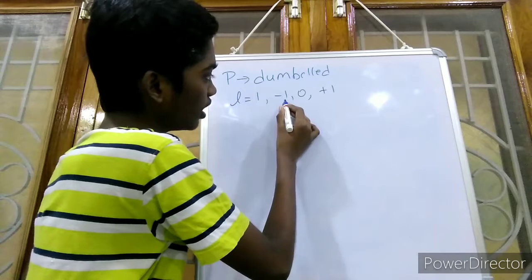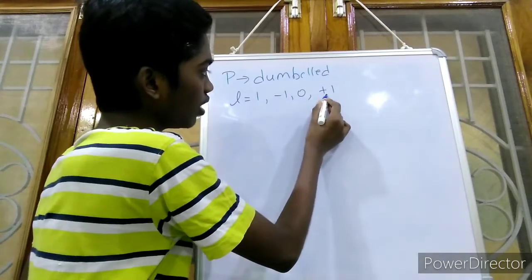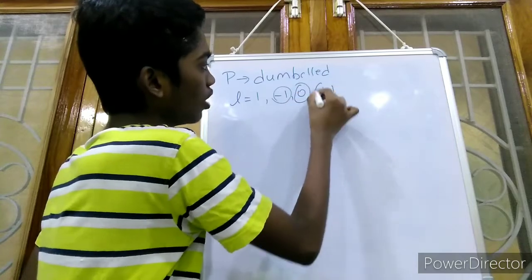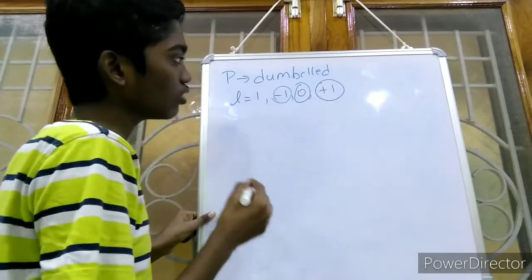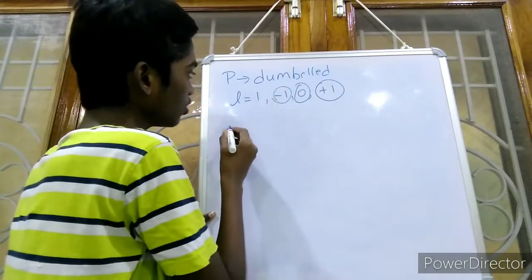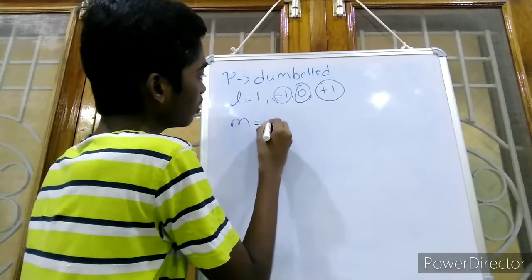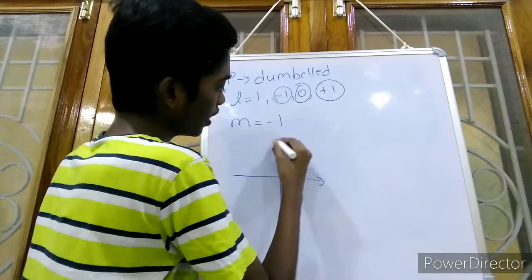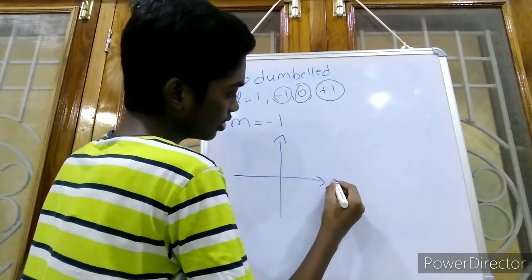Friends, here we got the 3 numbers -1, 0 and +1. Now we have to take the M value -1, M value 0 and M value +1, and draw the different structures for these values. So first we will take M value equal to -1. We can draw, this is the x-axis.